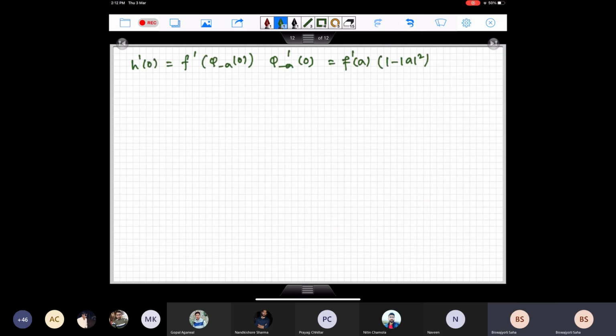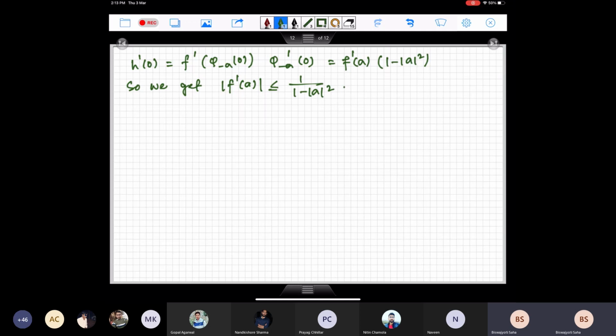So this is what I have, and this is given to be such that the absolute value is less than or equal to 1. Therefore we get mod of F prime of A is less than or equal to 1 divided by 1 minus mod A square.